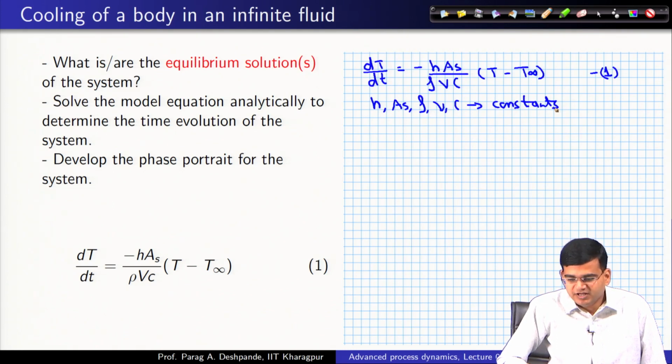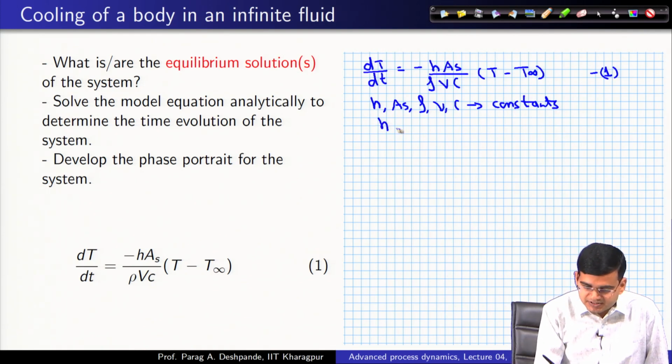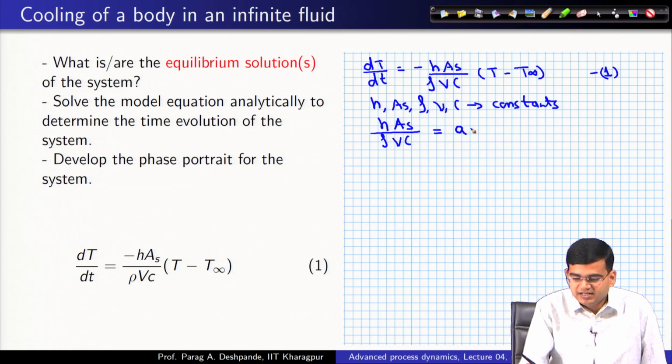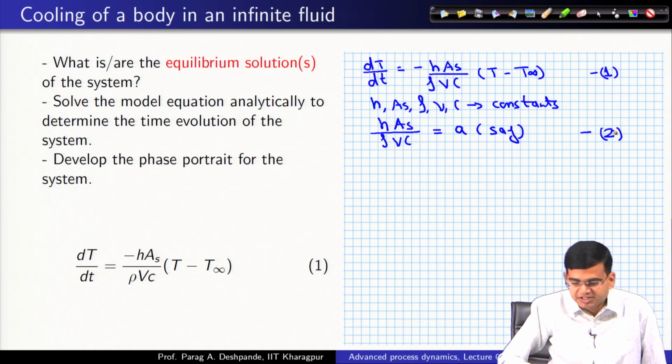But if we assume that all of these properties remain constant over a temperature range for which we are doing our analysis, then H A s upon rho V c can be simply substituted by a constant, and let us say that constant is A.